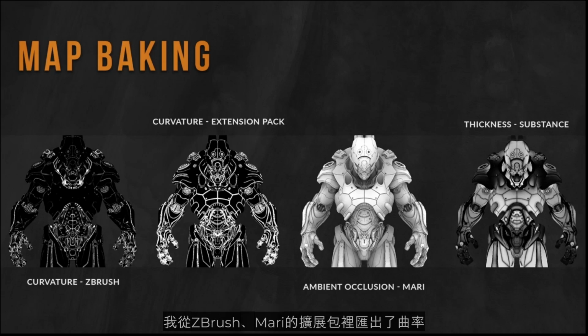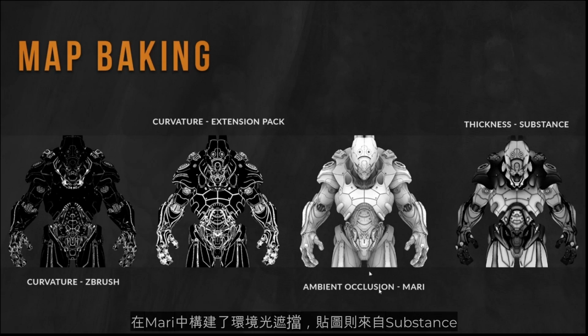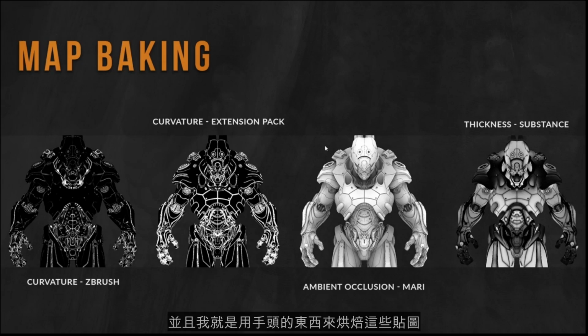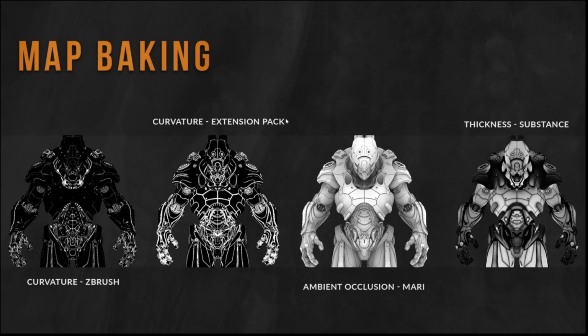I had curvatures from ZBrush, from the extension pack in Mari, ambient occlusion built in Mari, and maps from Substance. I just use whatever I have in hand to bake these maps. They're really important because they're going to help me drive a lot of the masks, like the wear masks on the edges, and if you want to add dust to the crevices. So these maps are extremely important.